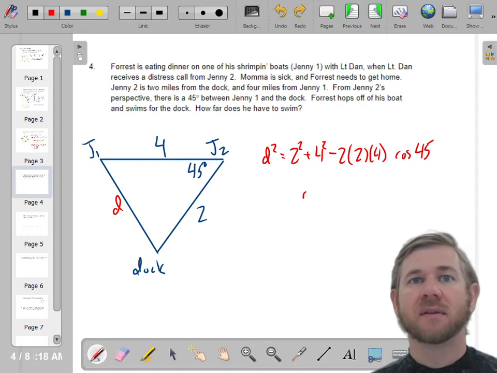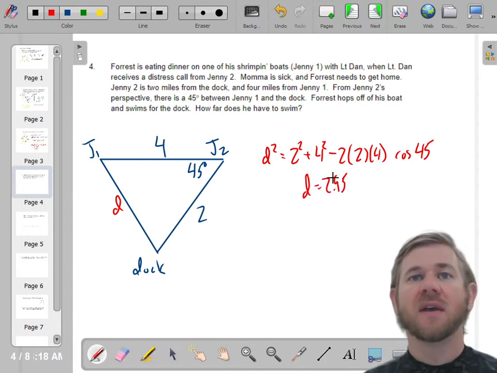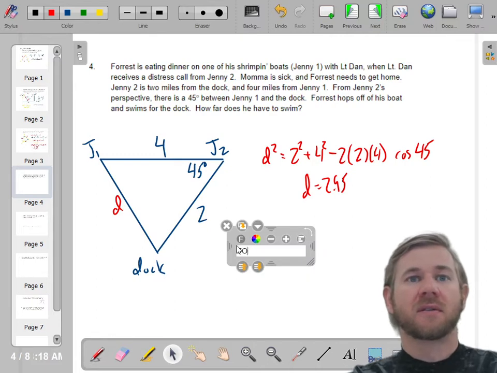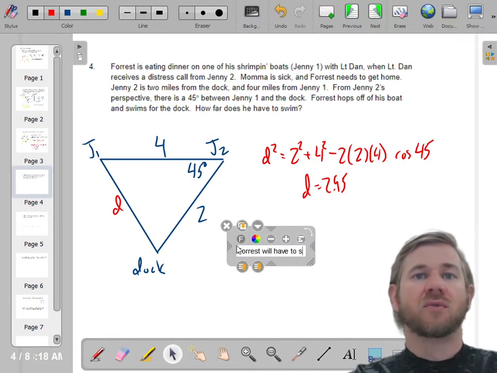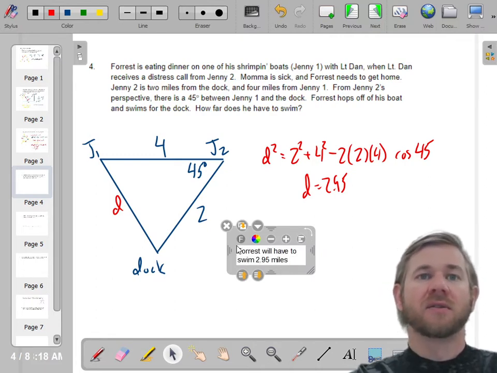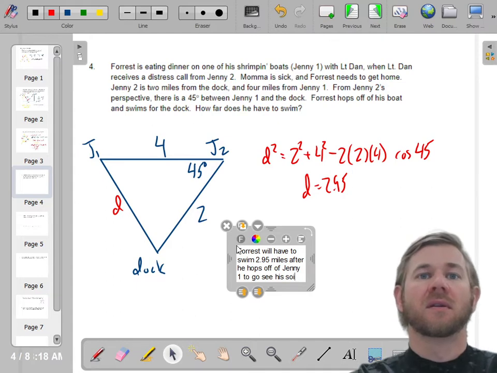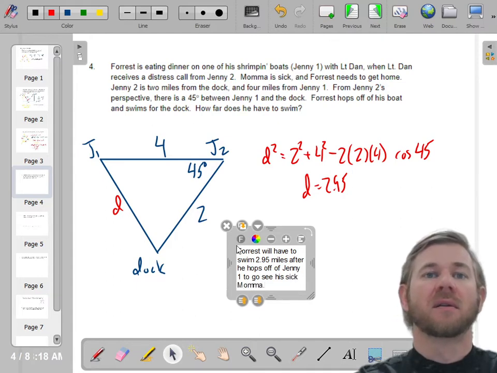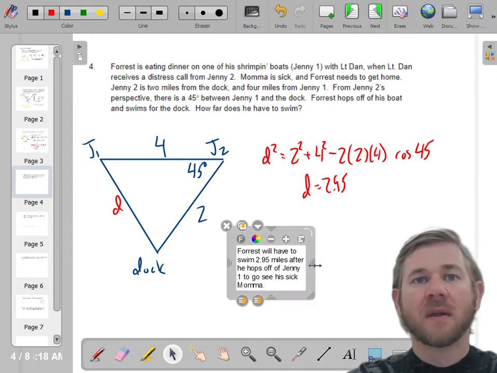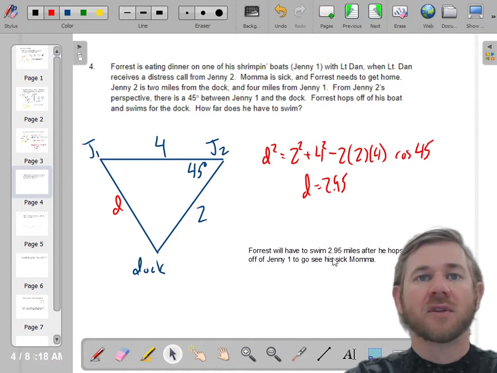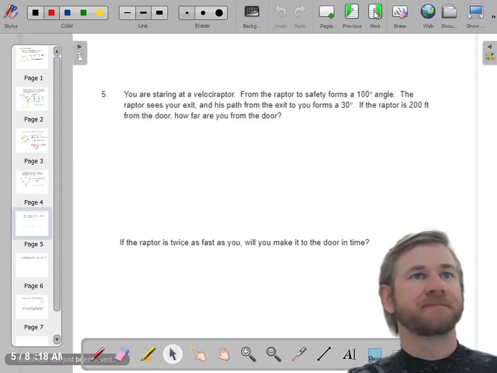D equals 2.95. But it's a word problem, so we'll say Forrest will have to swim 2.95 miles after he hops off of Jenny 1 to go see his sick mama. There you go. Forrest Gump. Sweet movie. Keep moving.